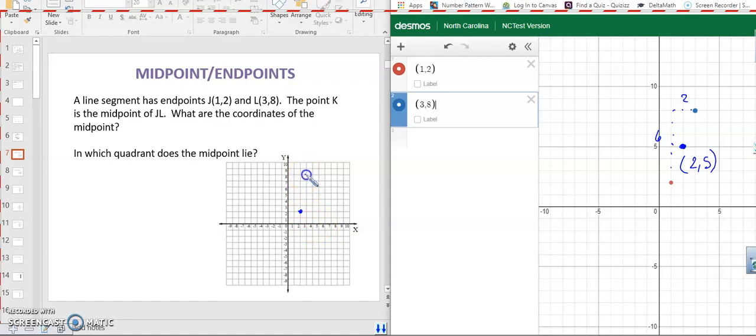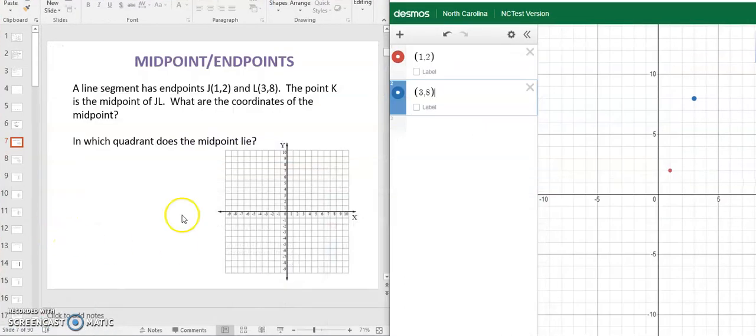We could have graphed it on this graph paper, and we still would have gone, sorry, I did that one wrong. We still would have gone halfway. Up 3 over 1 would be halfway. We still would have gotten our 2, 5 as our midpoint. So graphing it on paper or using Desmos, that depends on whether you get the calculator on that question or not. Okay?